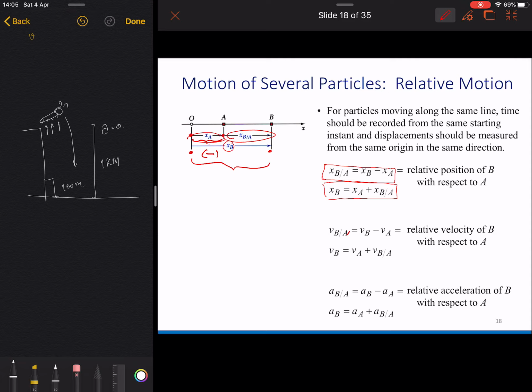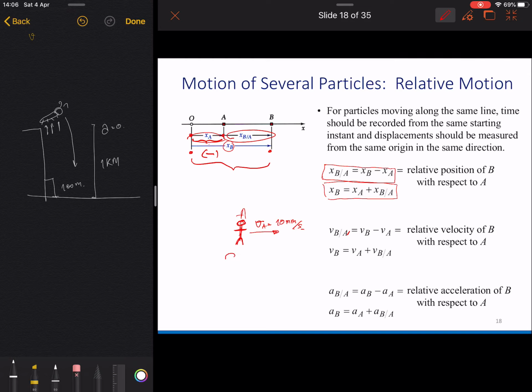It's the same with velocities. For example, this is person A running with a speed of, for example, 10 millimeters per second. He is very slow, I would say.